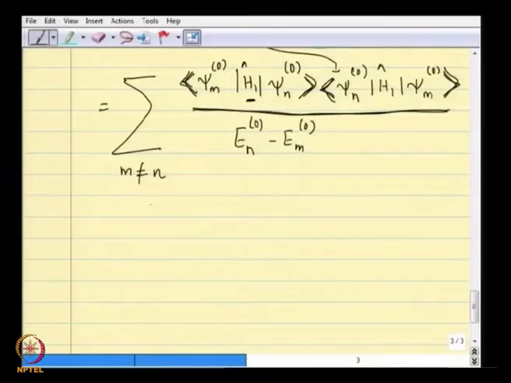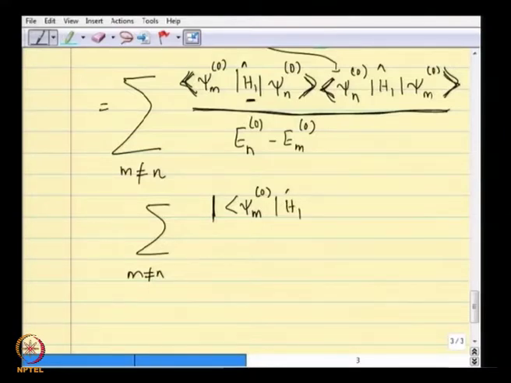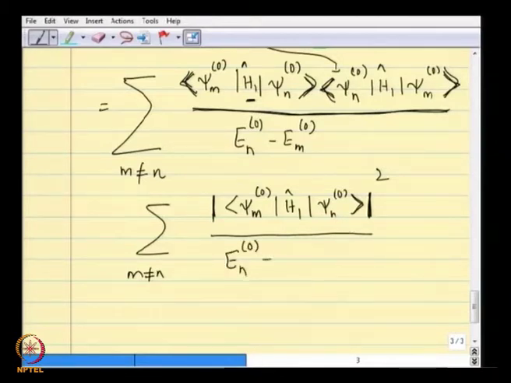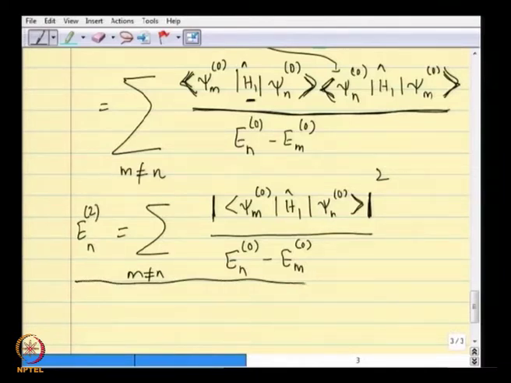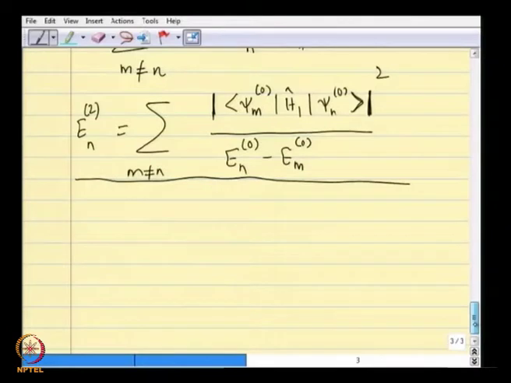Therefore, we can write the sum over m not equal to n of the absolute value of the matrix element H1 psi n0 squared, divided by En0 minus Em0. This is equal to En2, a very standard second order perturbation theory correction for a non-degenerate state.